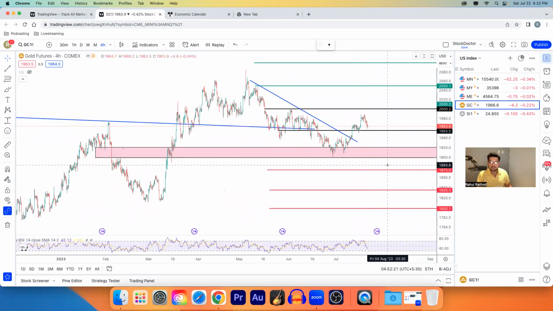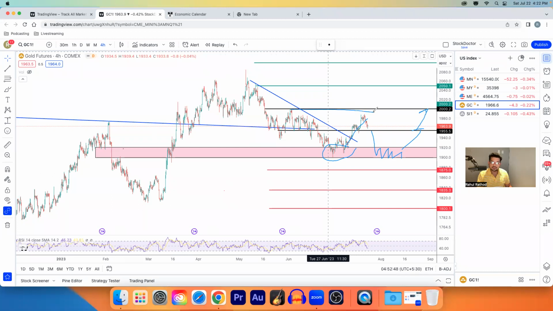If it breaks 1950 on the downside, then it is going to go towards the most important support zone of 1920 to 1900. If you see here, last time it came to this support area and then bounced back. Now if it comes to this area and bounces back and stays above 1955, then definitely 2000 is possible.